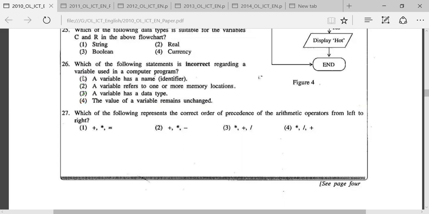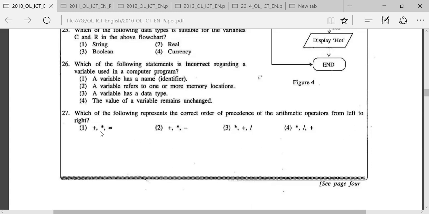Question number 27. Which of the following represents the correct order of precedence of the arithmetic operators from left to right? You have to say the correct order of precedence.